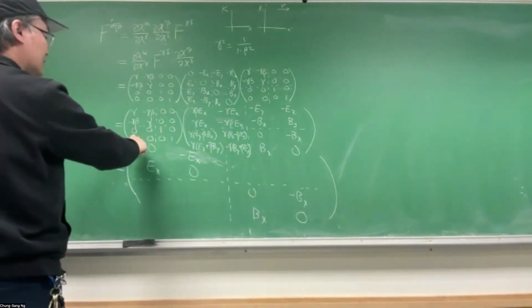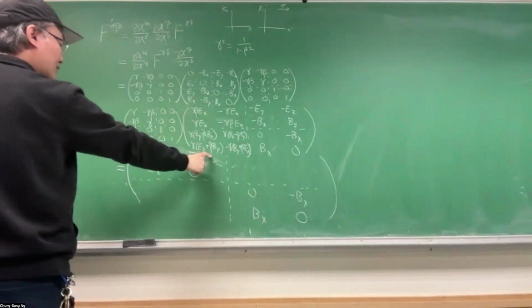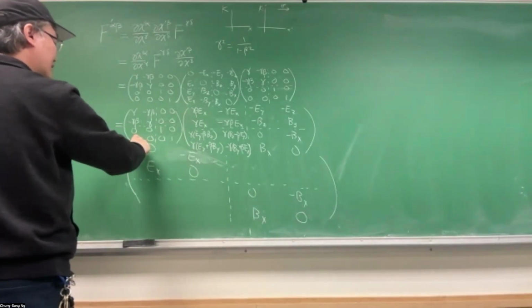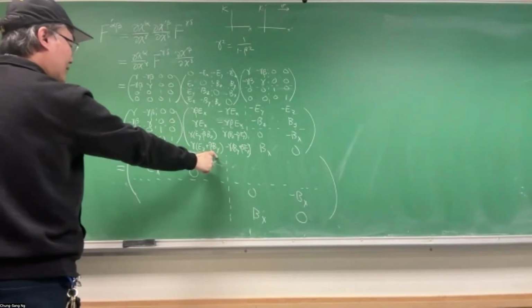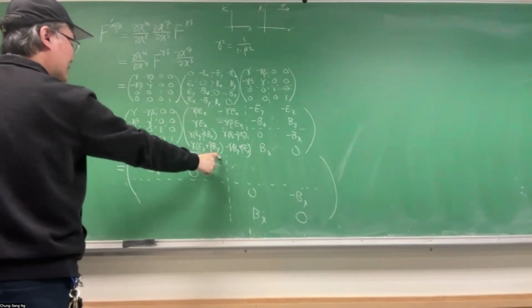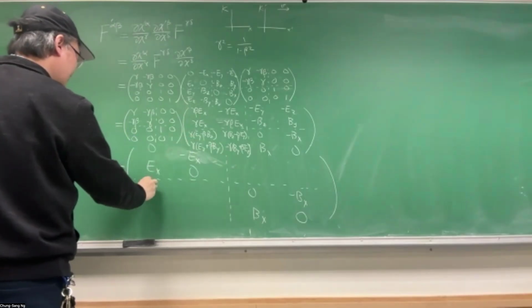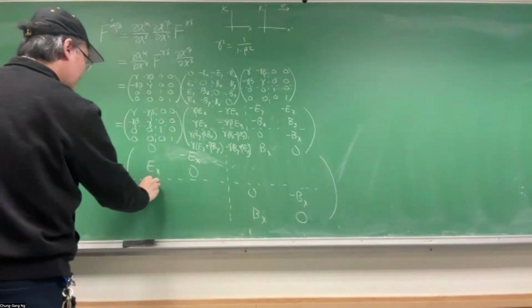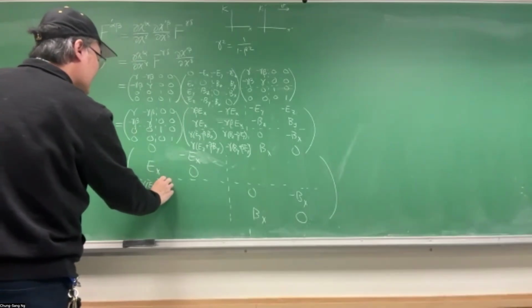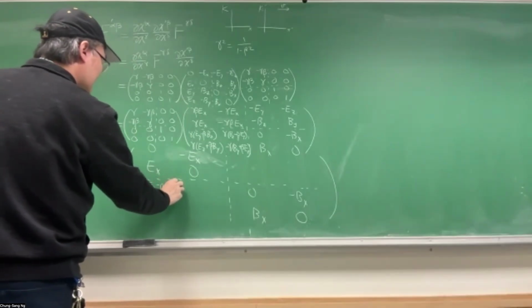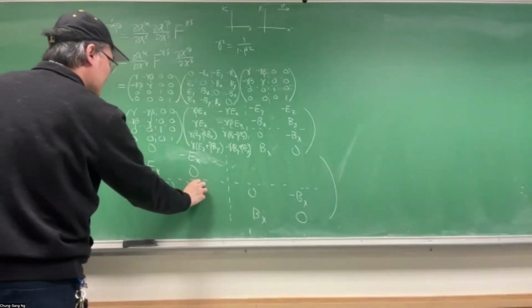But this one is this times that plus this times that, and that is easy because this is zero. This is a copy. This one just copied this one. This is just the identity matrix. So you just copy this down to here. Down there. That is easy.